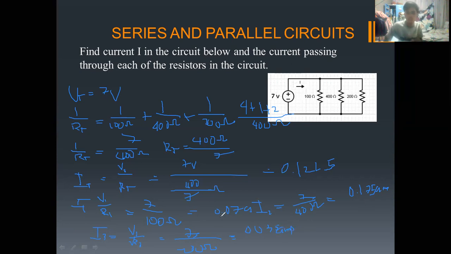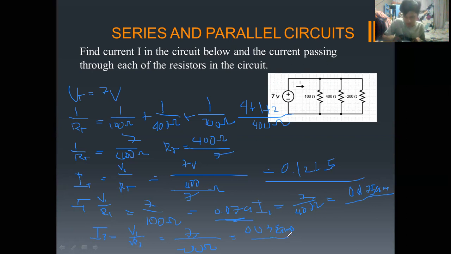Kailangan, itong nakuha natin na I sub 1, I sub 2, at I sub 3, pag pinag-add natin, kailangan makukuha natin is yung I total, yung 0.1225. So, add natin lang tong 0.07 amperes, 0.0175, at 0.035.